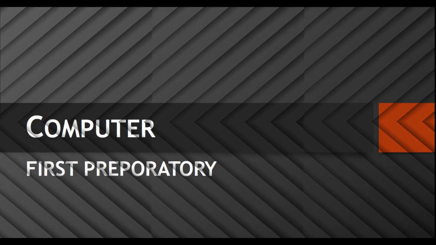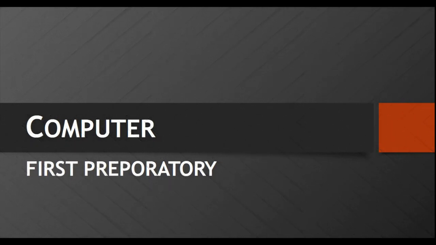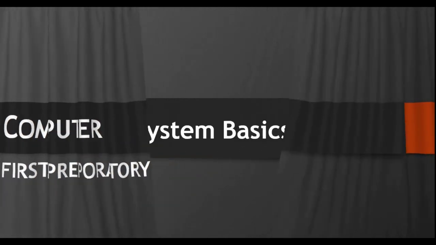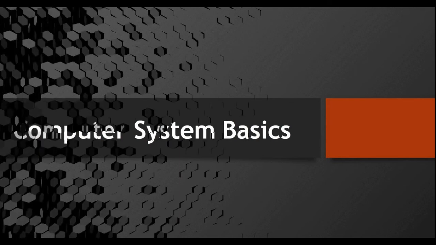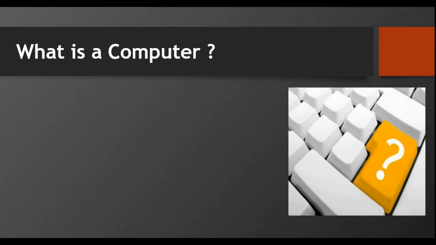Dear students, as we mentioned before, today will be our first session for the academic year 2021. Today, our session will be under the title Computer System Basics. Basically, we need to understand what is the meaning of computer.